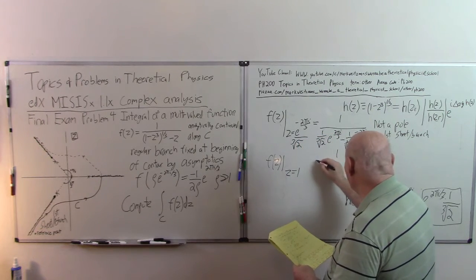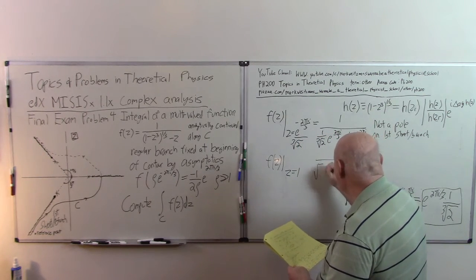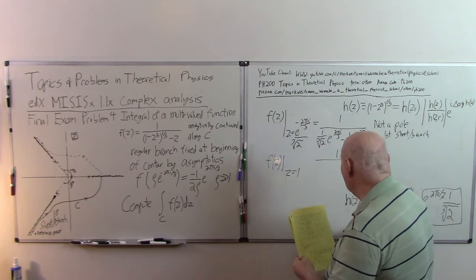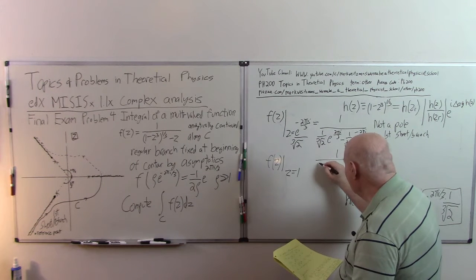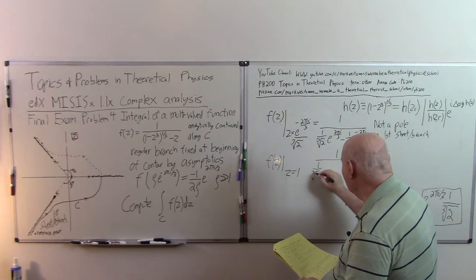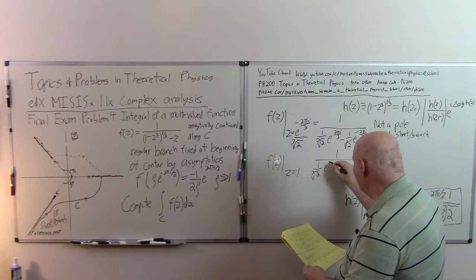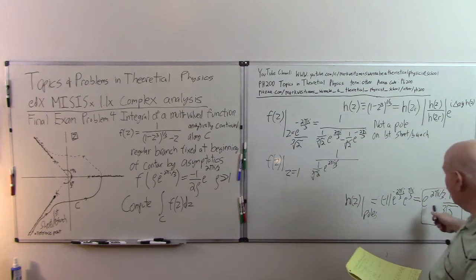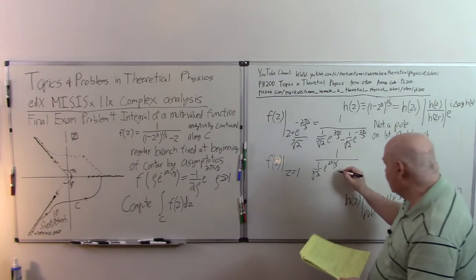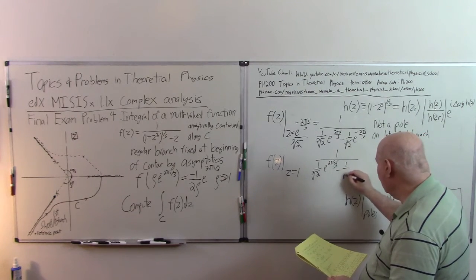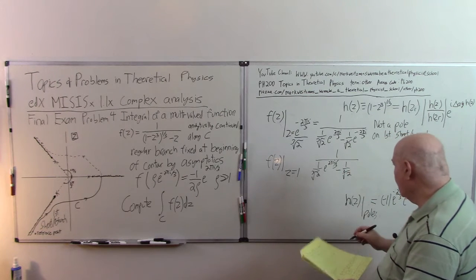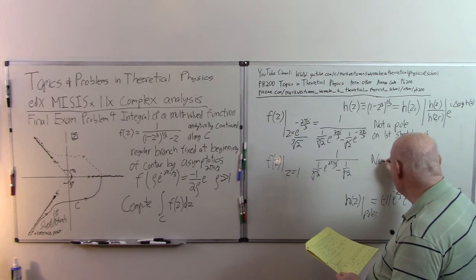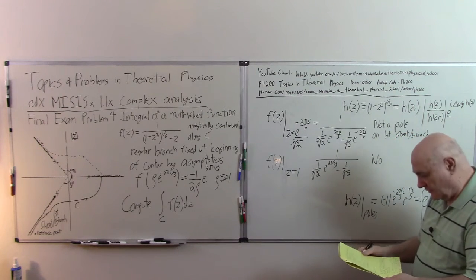Now we have the same thing. 1 over the cube root of 2 e to the 2 pi i over 3, because we showed that all the poles have the same value for h of z, minus 1 over the cube root of 2. And again, this is the same thing. No, it's not a pole because this doesn't vanish.